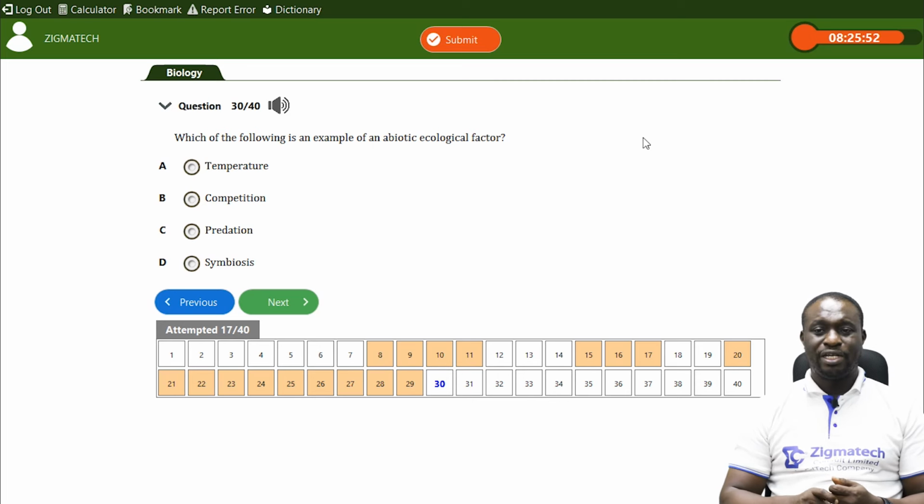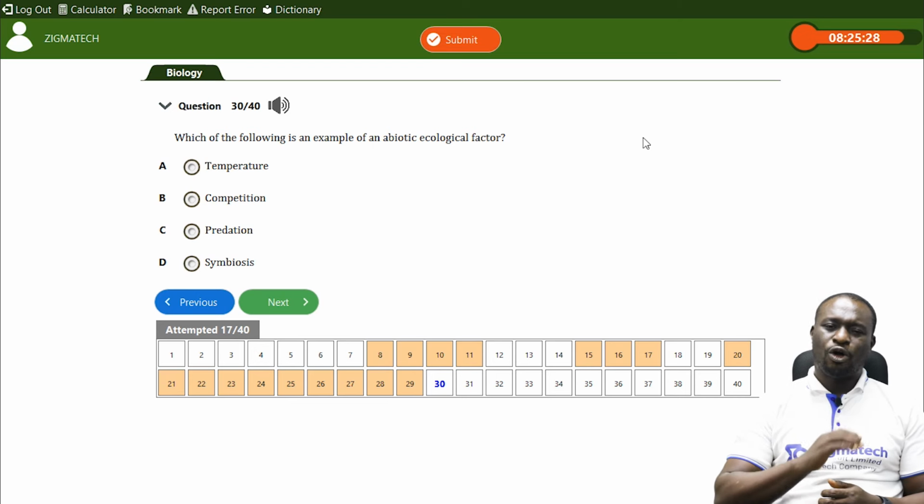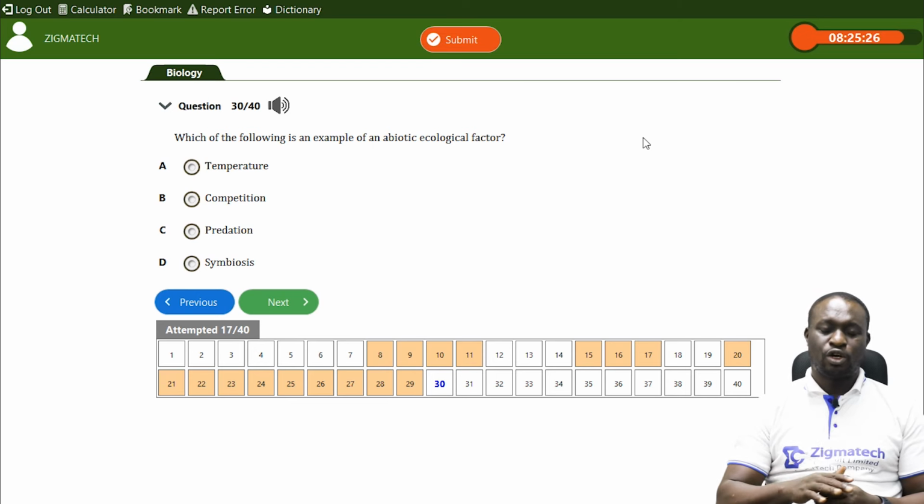Everything that has to do with non-living things, temperature and so on, such as climatic factors, edaphic factors, which include soil types, soil structure, soil profile, and topographic factors like mountains, hills, valleys, all these are abiotic factors. But biotic factors include all things that have to do with living things or living organisms.